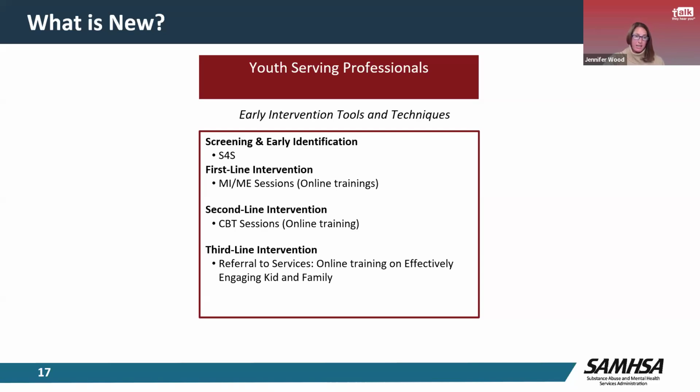So then the first line of support is motivational interviewing and motivational enhancement. After the screening, the next step is how to engage youth. There are online training modules, and Chelsea is one of the brainchilds behind the development of this training. The online module is fantastic. You can do it whenever you have time, and you get a certificate at the end if you need that for your continuing education units.